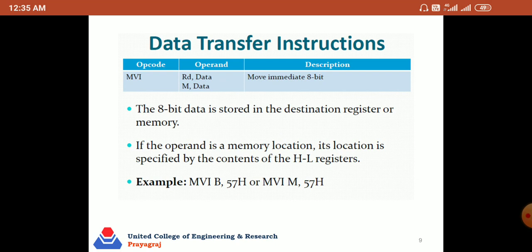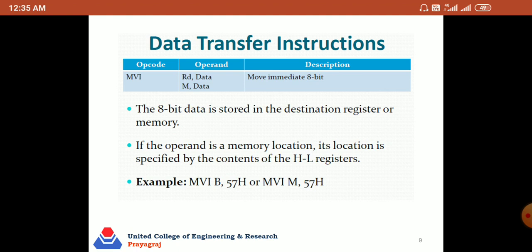The next instruction is MVI. MV stands for move, I stands for immediate. MVI Rd comma data. Rd is the destination register, and data means any 8-bit data which is directly copied to the destination register. The destination register may be accumulator A, B, C, D, E, H, L or M. For example, MVI B 57H.